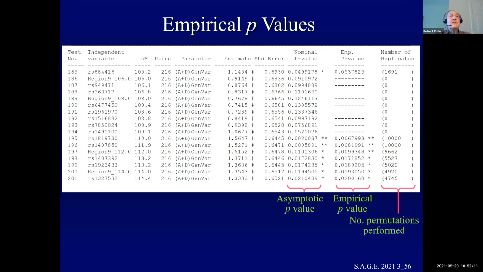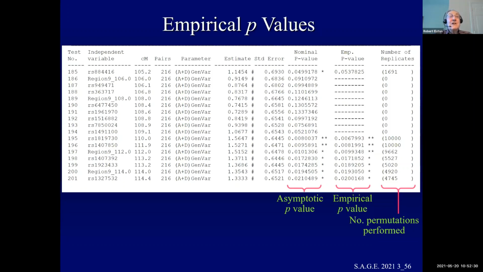The top one is interesting. Empirical is just slightly larger than the nominal one, and it's telling you how many replicates you have to do. If the nominal is not less than 0.05, it's not going to do it because you're not interested. Why bother? So you've got all those markers there with nothing there.